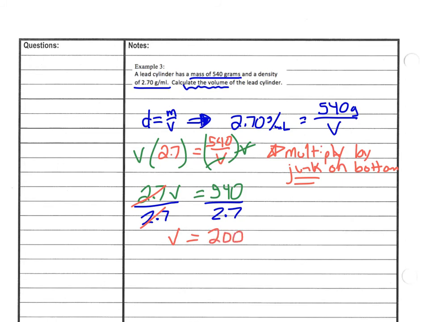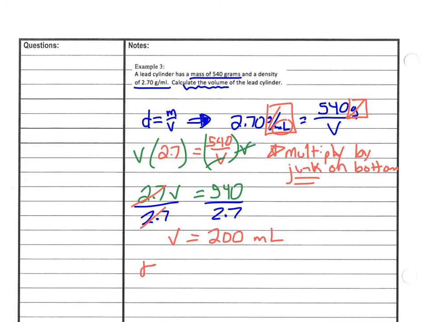Now, a little note about this. In the problems on the quiz, you will have to enter your answer with a set number of decimal places. This came out to an even 200, and my unit is going to be, let's see, the grams will cancel out, so my unit will end up being milliliters. So this is going to be 200 milliliters.